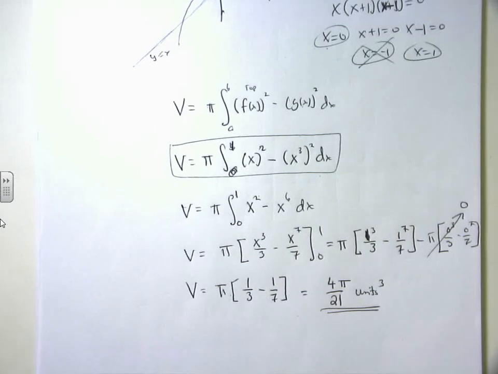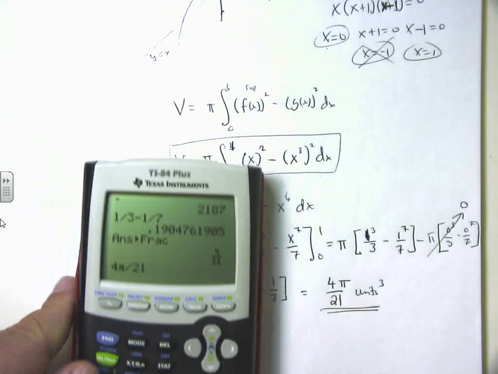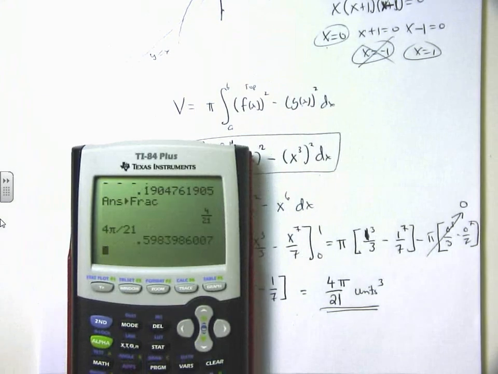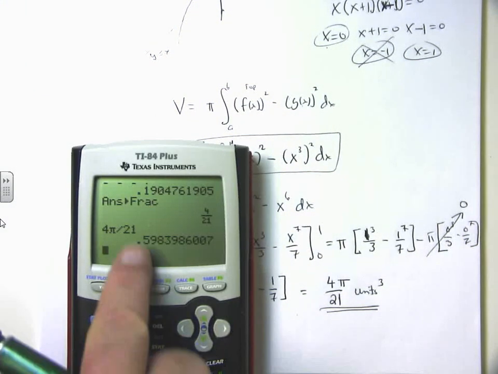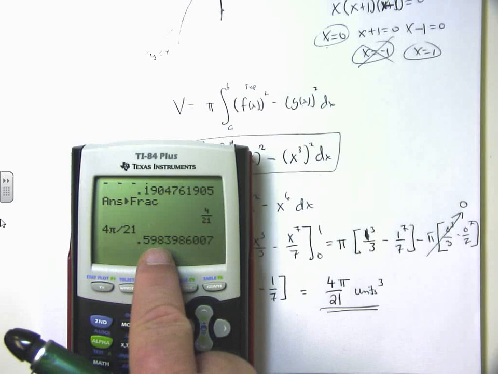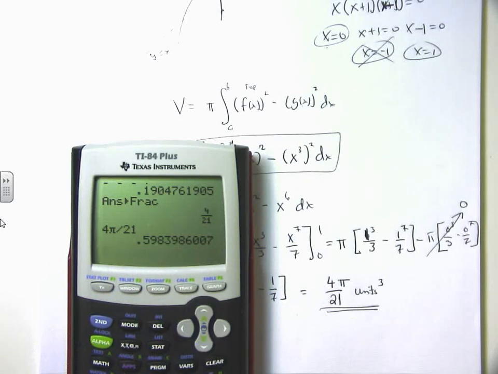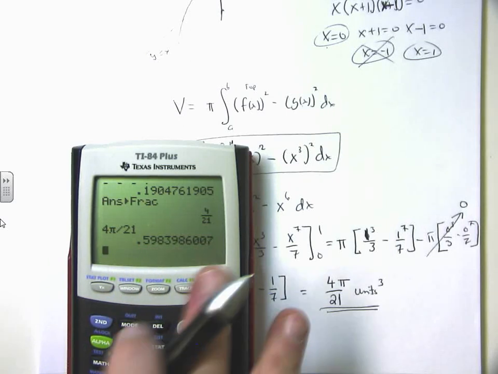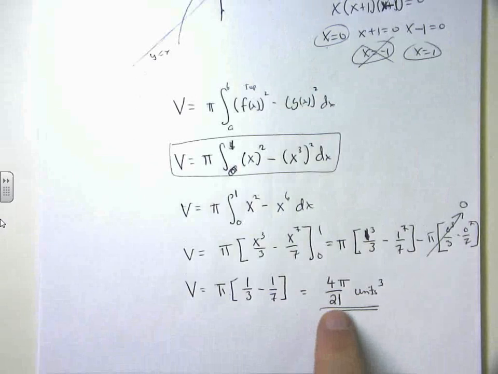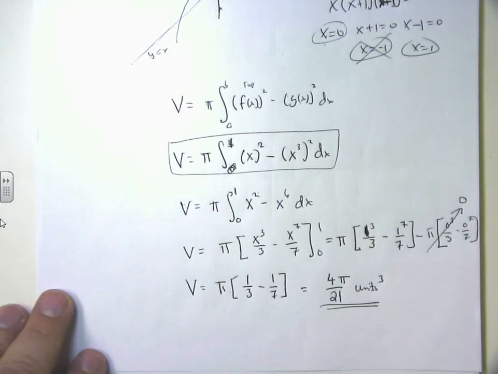And for those engineer types out there, 4 pi divided by 21, I really am using my calculator here, would give me 0.5983906007 units cubed. But for a lot of the problems, they're going to leave the pi in the answer as a fraction. And what did you just find?